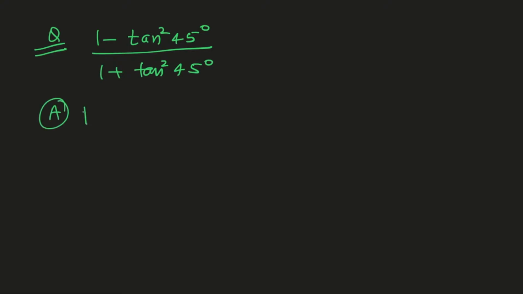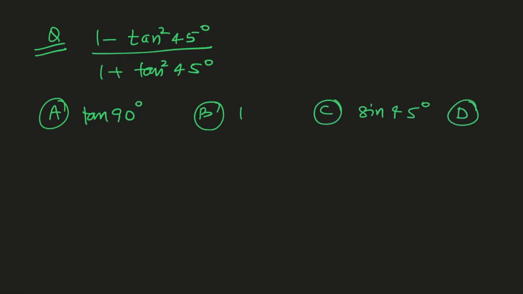The options are tan 90 degree, 1, sine 45 degrees, and 0. Now let's see, we have 1 minus tan square. These are standard values you can directly substitute. So we have 1 minus 1 square divided by 1 plus 1 square, which is coming out as 0. So 0 is the right answer.